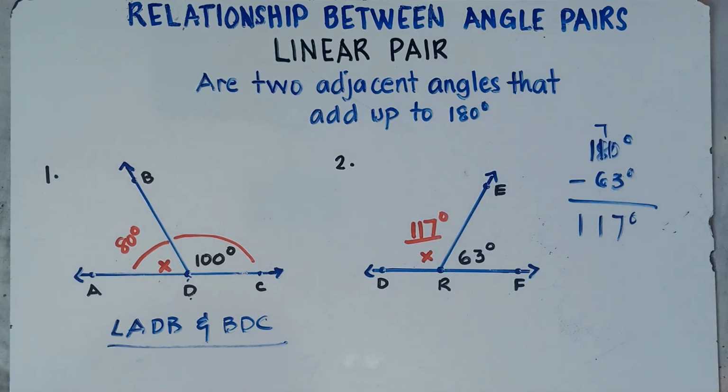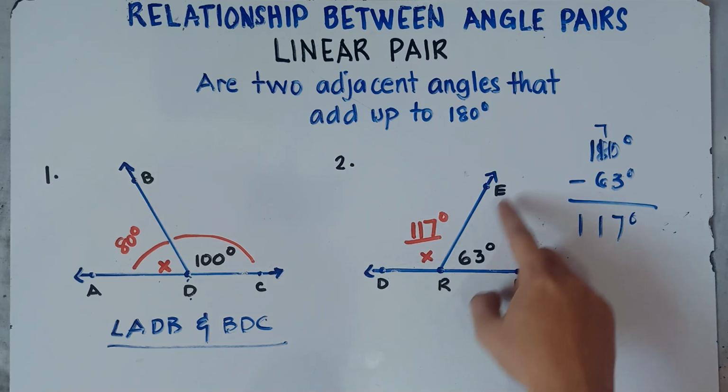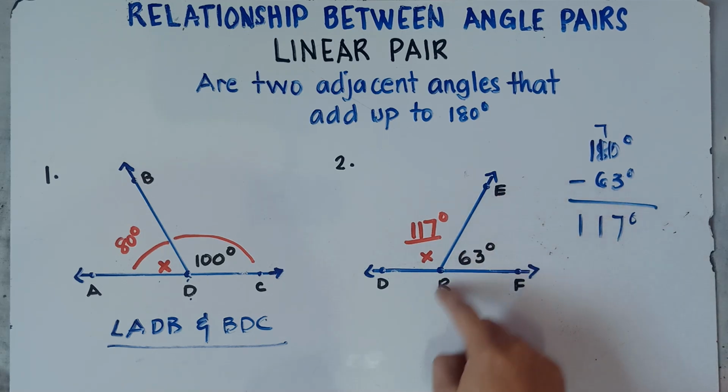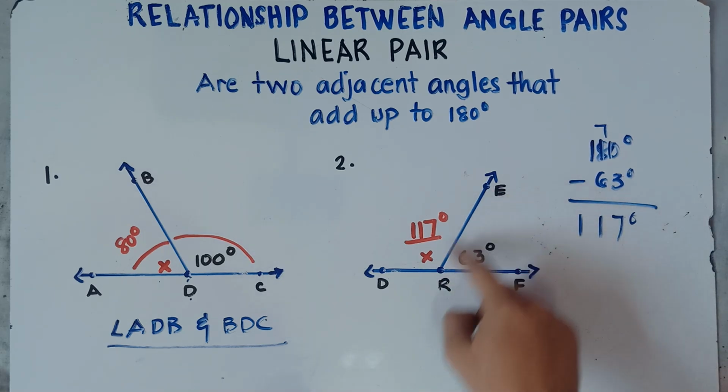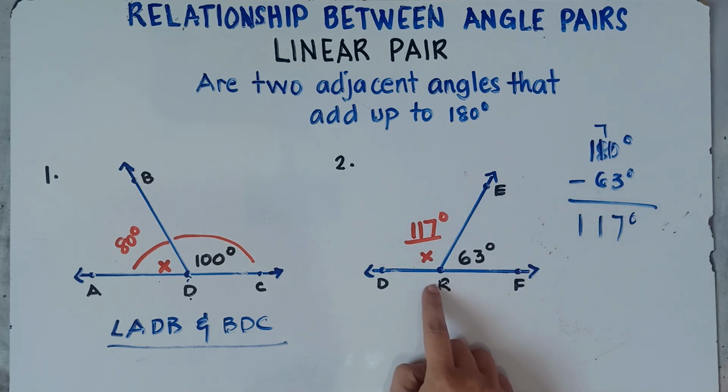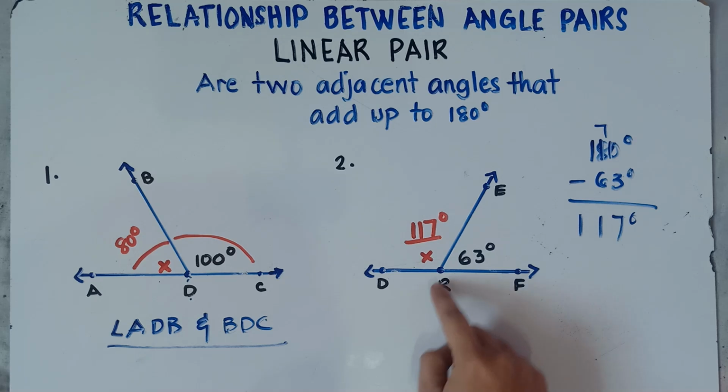Now question, are these two angles adjacent angles? Yup, they are adjacent angles because they share a common vertex, that is R. Point R is their vertex. And they share a common side, that is side RE, or ray RE.